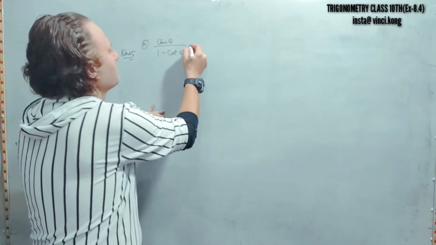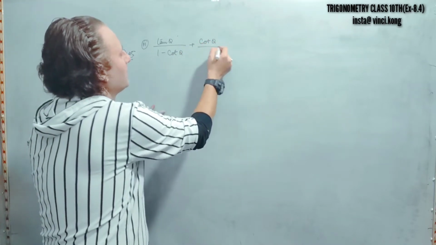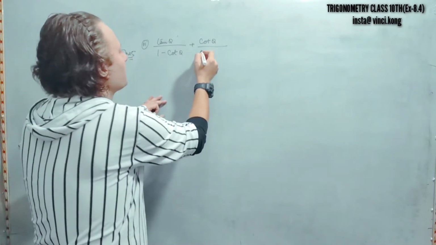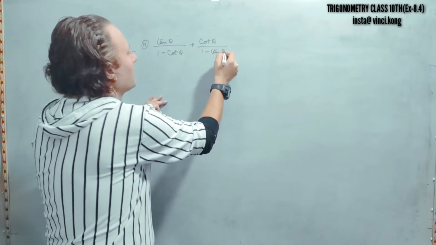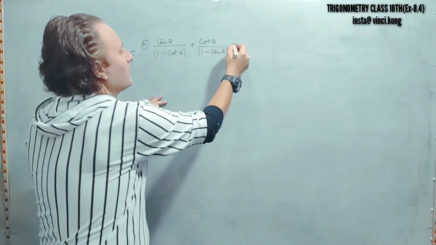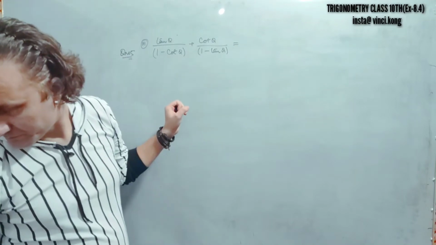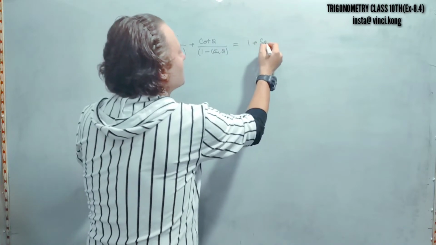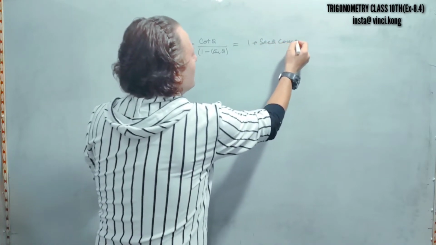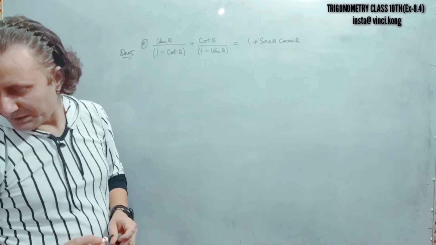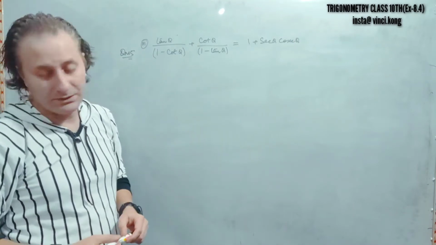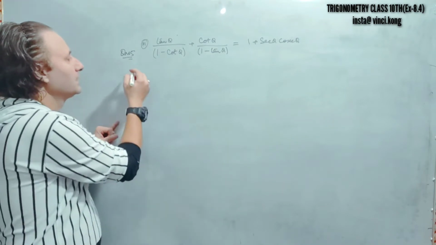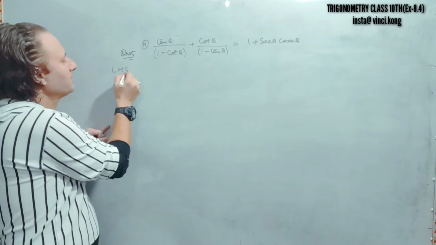I have plus cot theta divided by 1 minus tan theta is equal to 1 plus sec theta cosec theta. Tan theta upon 1 minus cot theta, then I have cot theta upon 1 minus tan theta. Yes, that's the question. Again, let's take LHS.